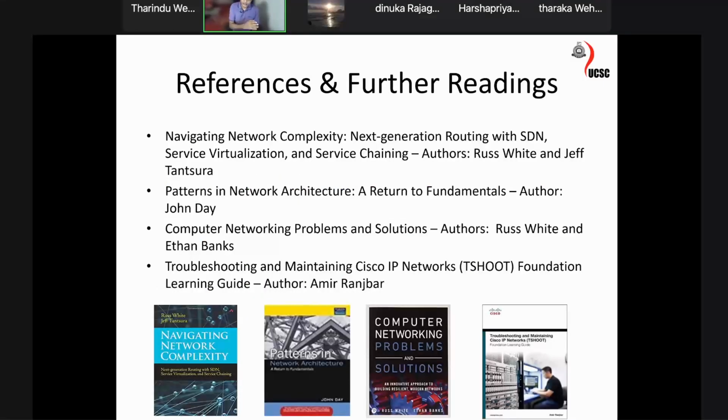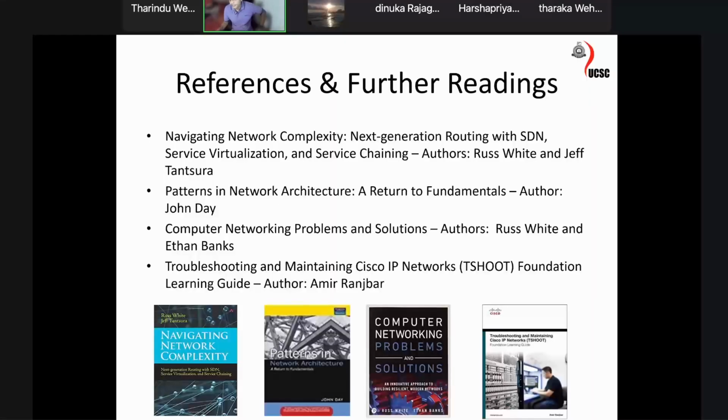These are the reference books I included. You can probably find them on the web, or some of them are in the library. They are quite useful if you want to prepare for real world networking and troubleshooting with modern developments. So that's all for the day.